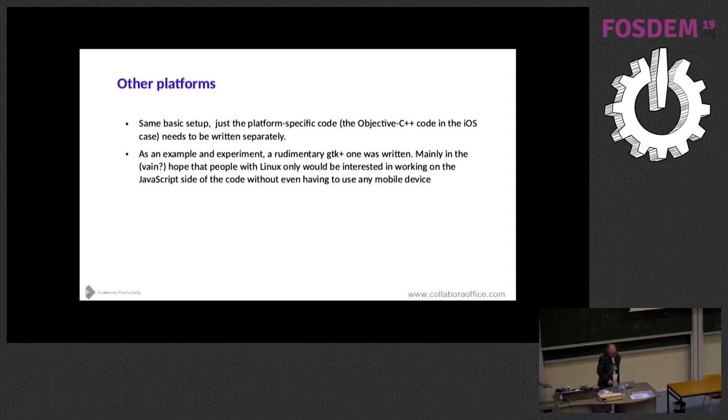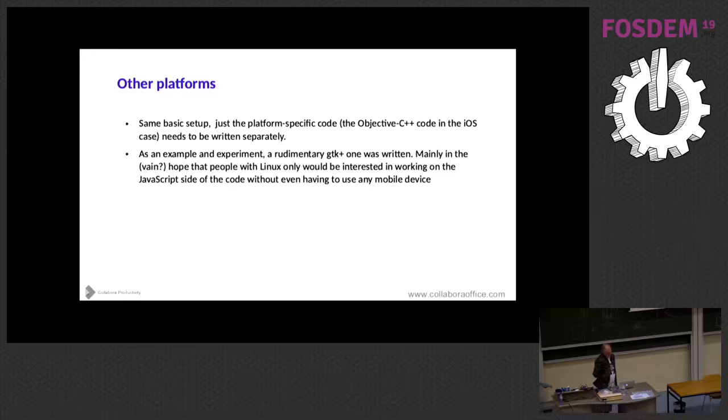And if you want to create a similar app for other platforms, mainly Android, the same basic idea should work. You just need to write this platform-specific code in Java instead of Objective-C.